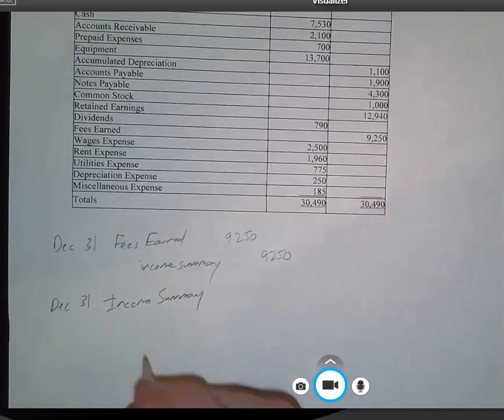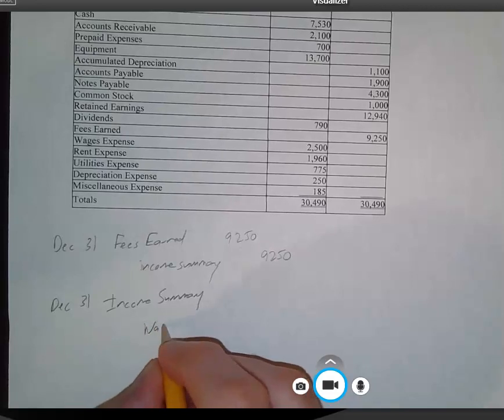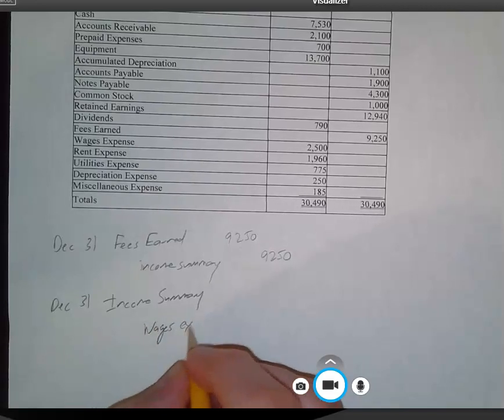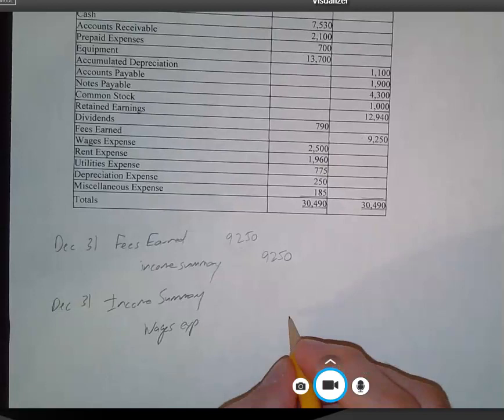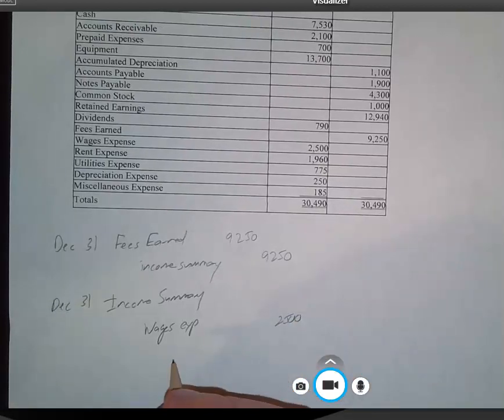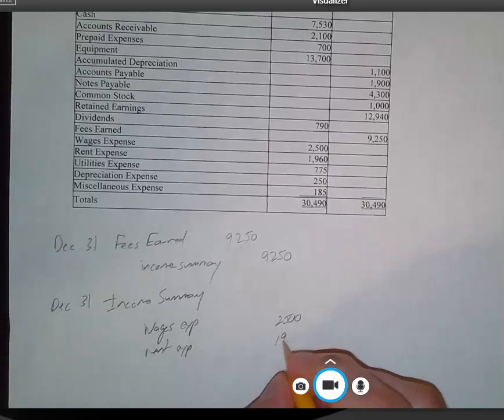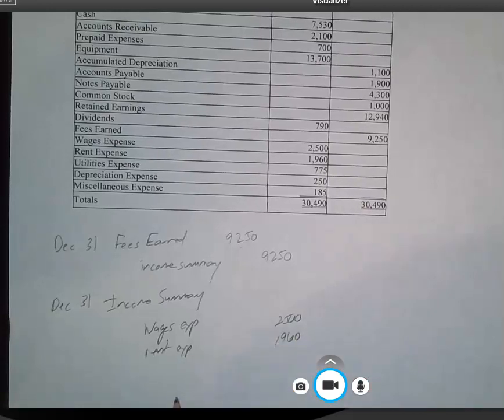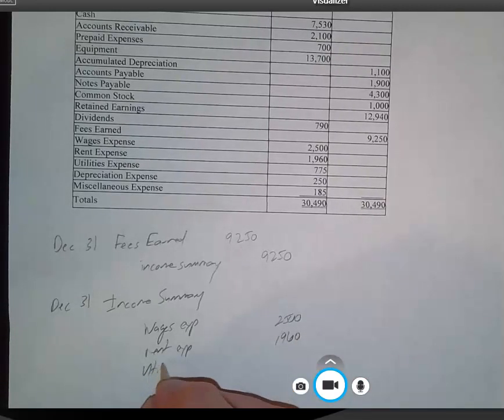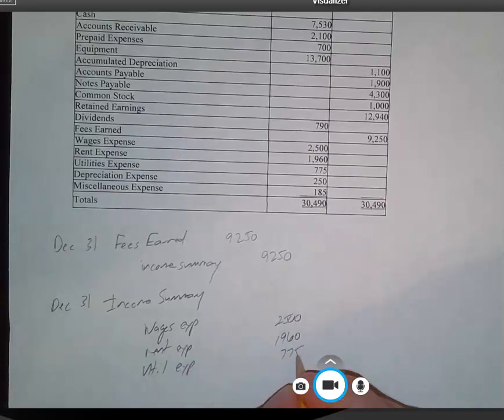And then what we're going to do is we're going to credit wages expense for $2,500. We're going to credit rent expense for $1,960. We're going to credit utilities expense for $775.